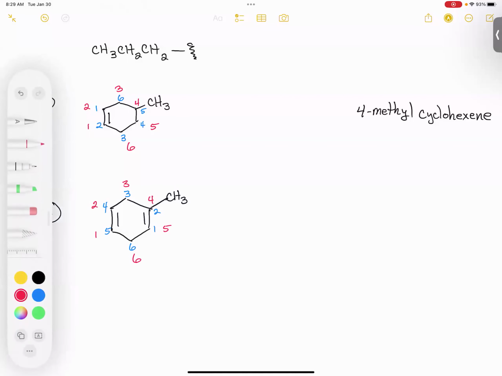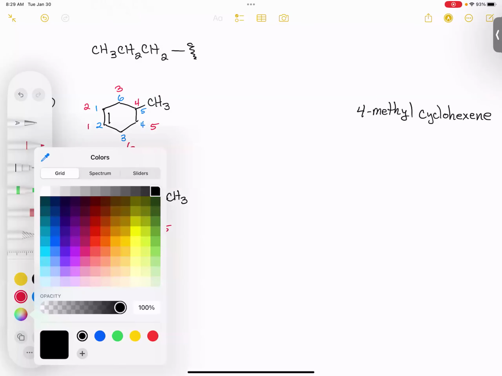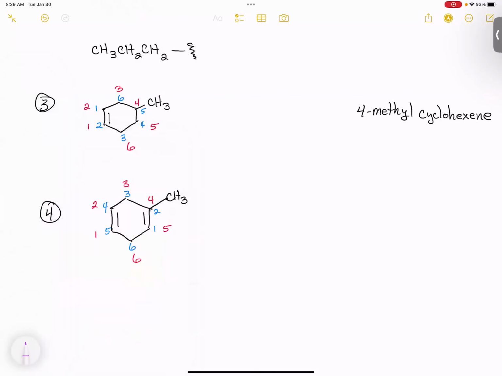Or another option is 1, 2, 3, 4, 5, 6. Which one makes the most sense? Blue, red, or purple?